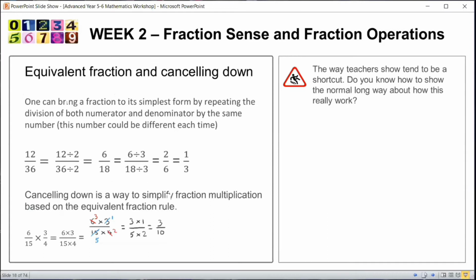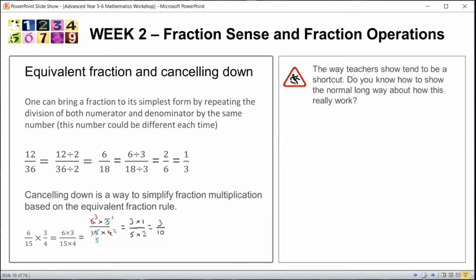Now, the next bit I believe many of you already know because you have gone through the Year 6 stuff. Equivalent fractions and canceling down. Now, this is so useful. This is something you already know.